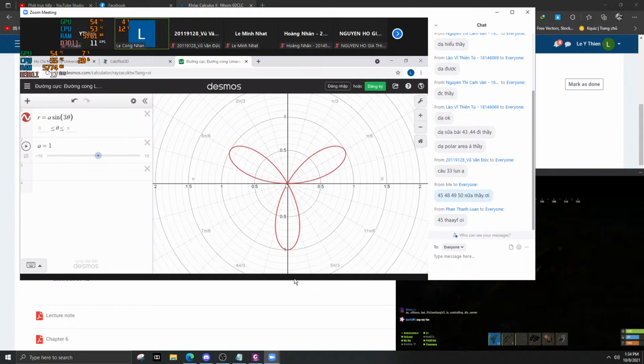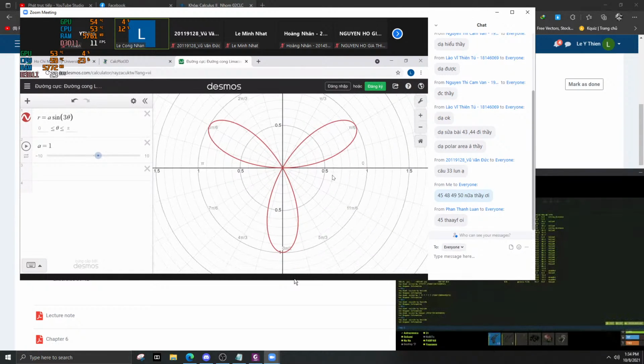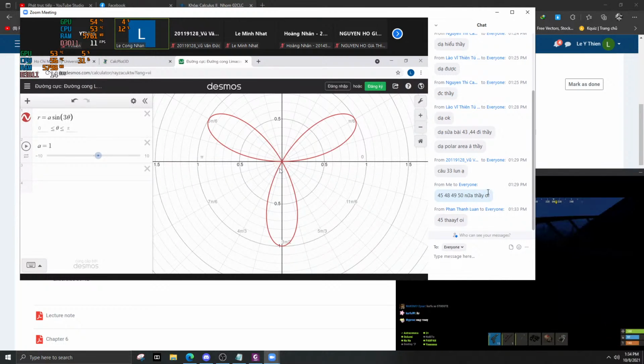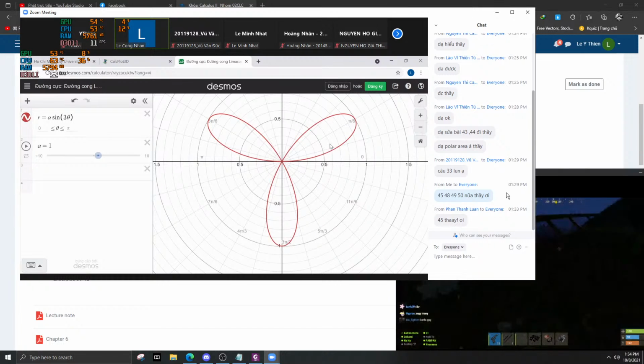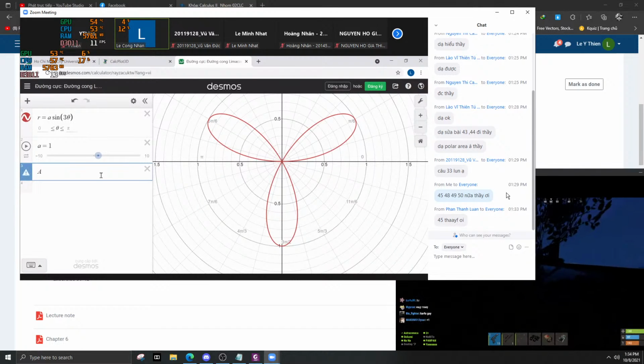To compute the area of the region that is bounded by the 3-leaf rose, we only need to compute the area of one leaf, and then we multiply by 3.